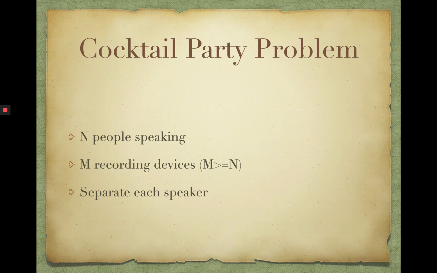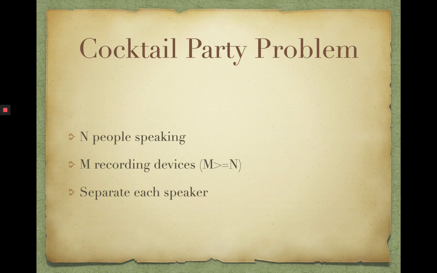The other one can be best seen by considering what's called the cocktail party problem. This was a first idea that people would talk about to try to say, hey, how could we do this? So imagine you're at some type of a party, and there's N people attending. Each of them are talking about different things. Maybe they're in different groups around the room, right?